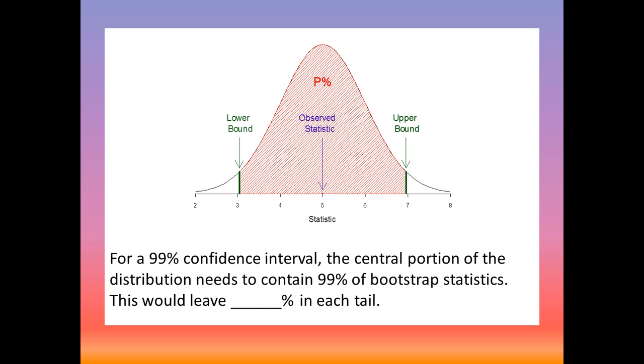To be a little more specific, let's say we wanted a 99% confidence interval. So our confidence level is 99%, which means we need that central part, the red part, to contain 99% of the bootstrap statistics in the distribution. If 99% is in the middle, then 1% is left over in the two tails combined. And since this is a symmetric shape, you would need half of that 1% in each tail.